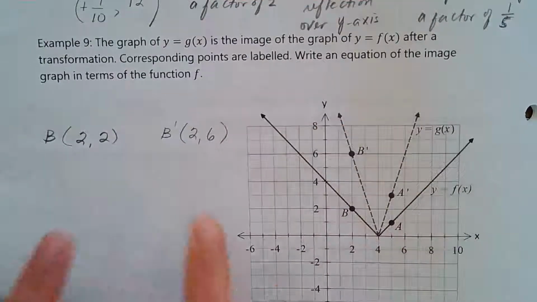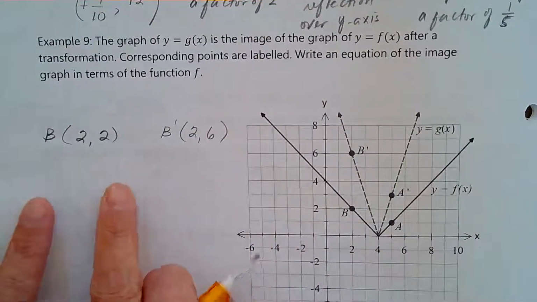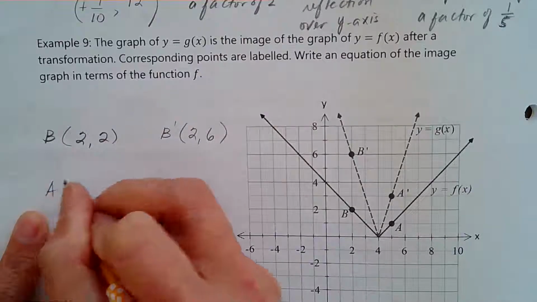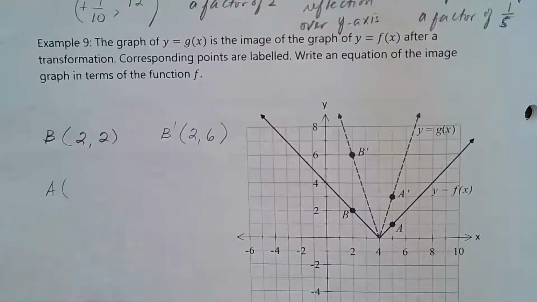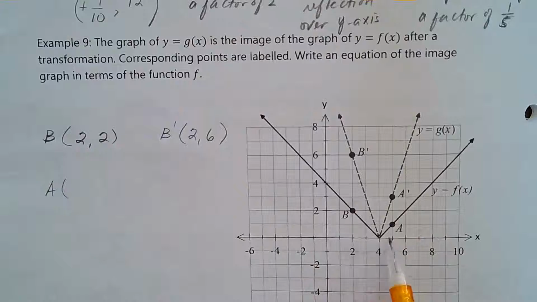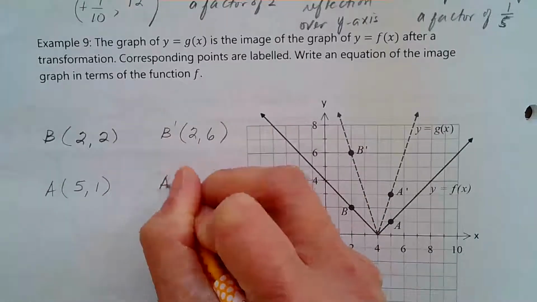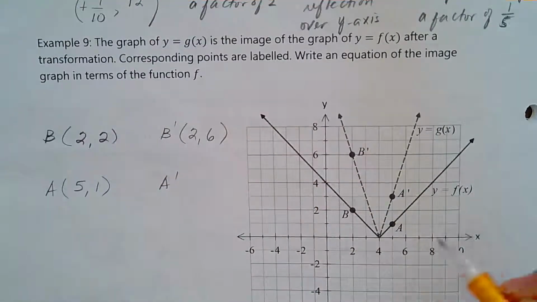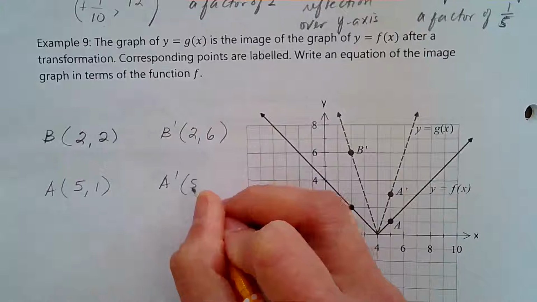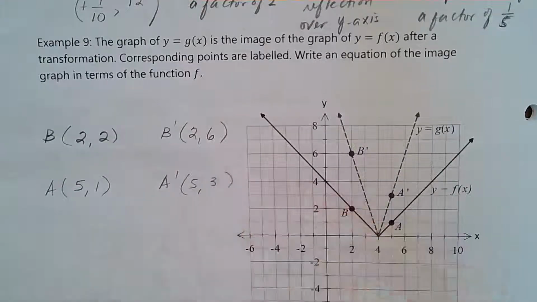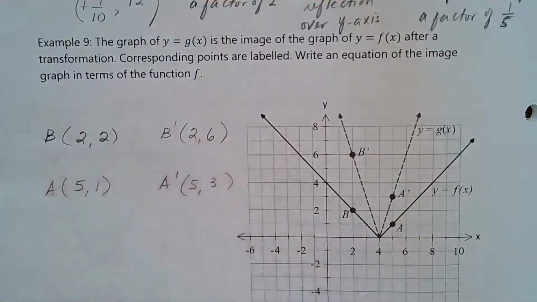Now, let's do A while we're at it. What's A? (5, 1). And then A prime is (5, 3). Good. Now, does that help you a little bit?